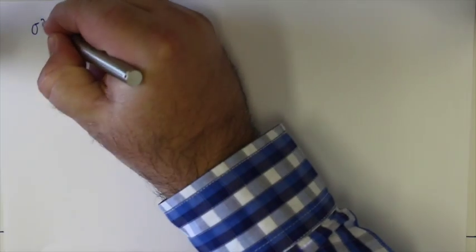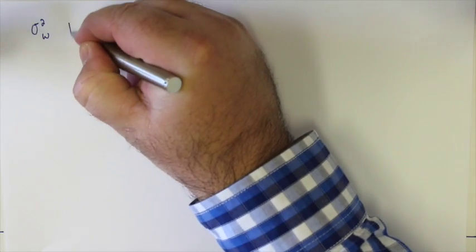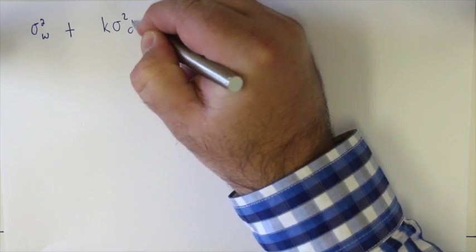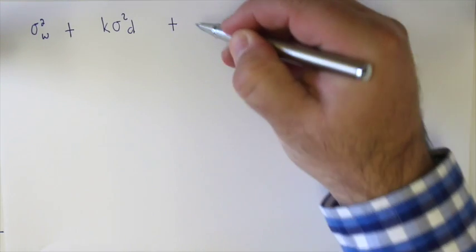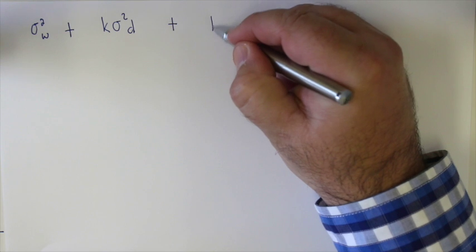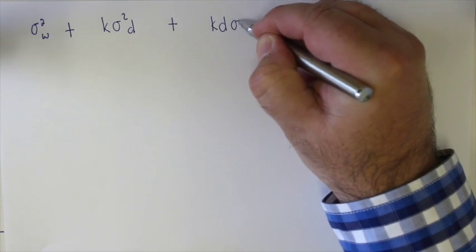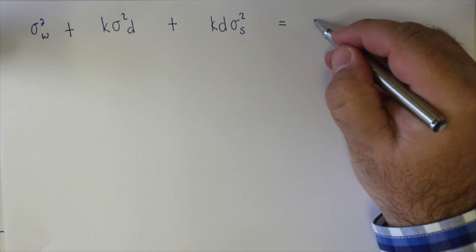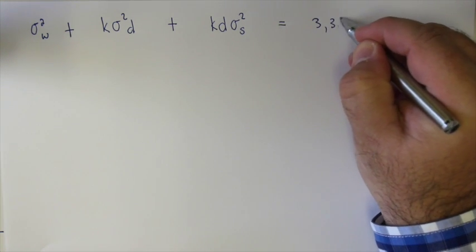We know that sigma squared w plus k sigma squared d plus kd sigma squared s equals 3.39.